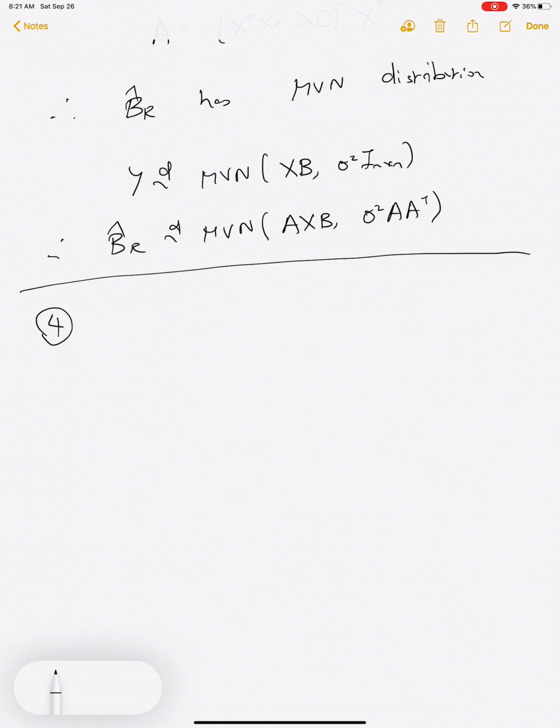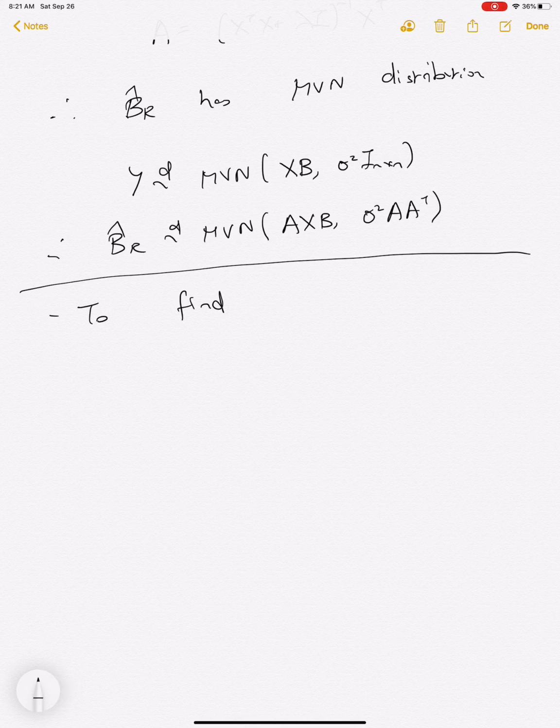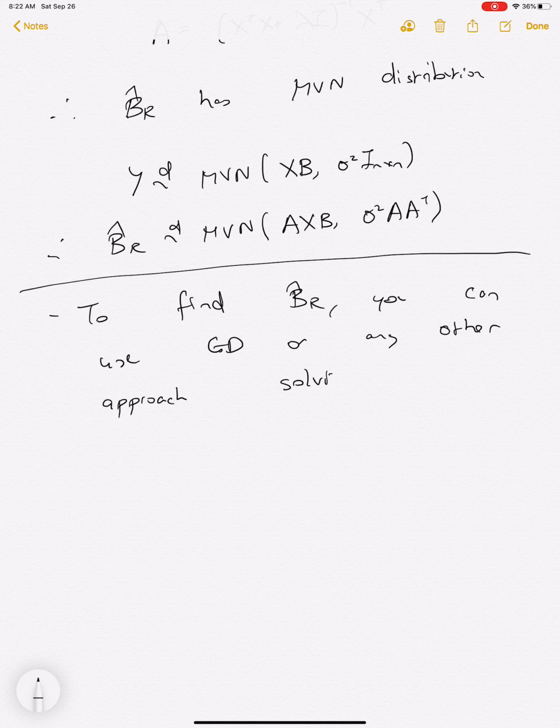So one more thing to say about that. To find β hat R, you can use gradient descent or any other approach for solving this.